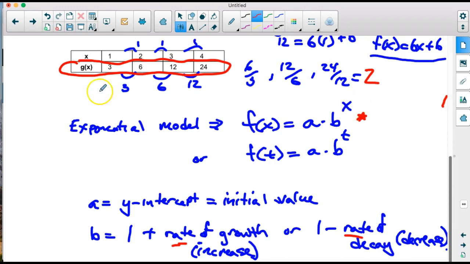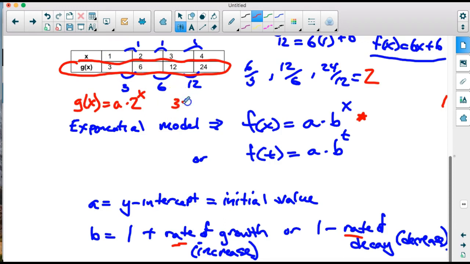So in this equation up here, we're going to get g of x equals some a value times 2 to the x power. Then we can just plug in the first point again to figure out what a is. So we know for the first point, x is 1 and g of x is 3.